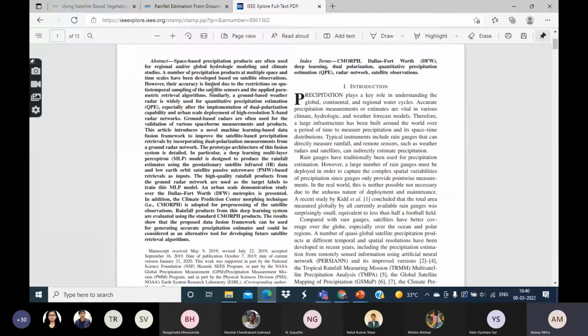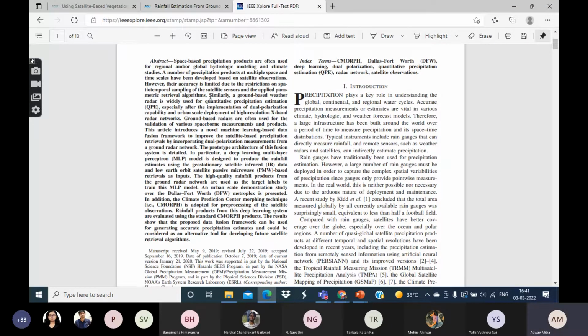These sensors which are mounted on the satellite will be sampling, or capturing images, at certain intervals. So the spatial and temporal resolution may be limited. By spatial resolution I mean the side of each pixel, how much region it actually covers. The smaller that region is, we have seen, the higher resolution we consider it. And similarly, the time interval at which such images are taken.